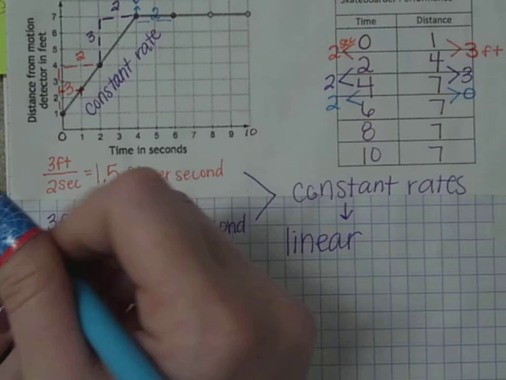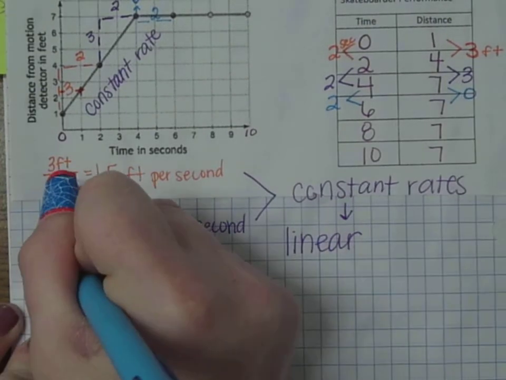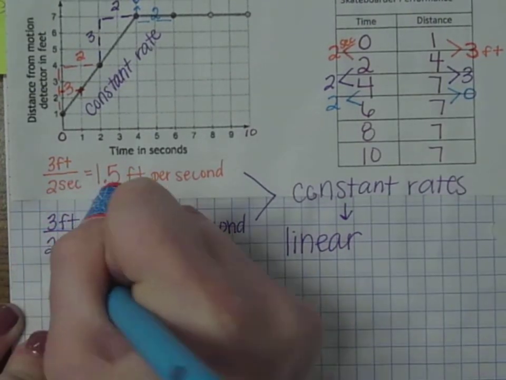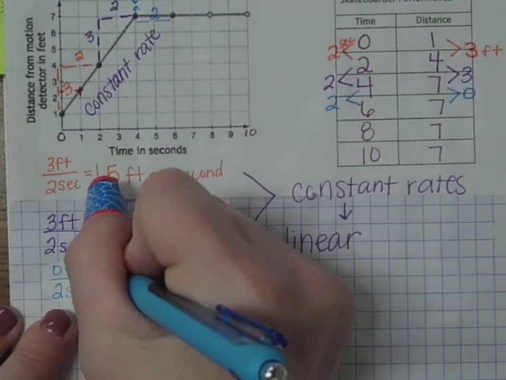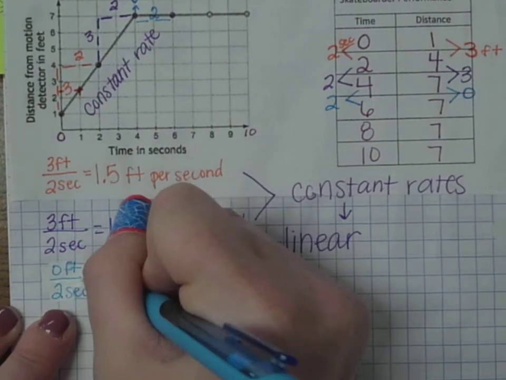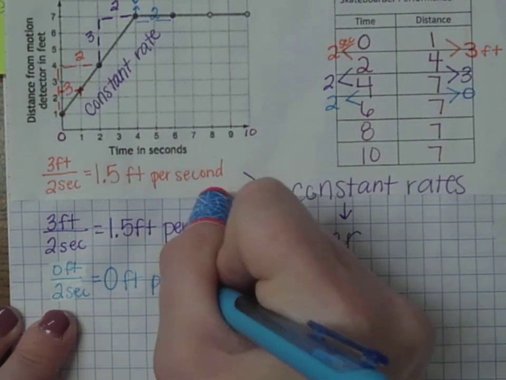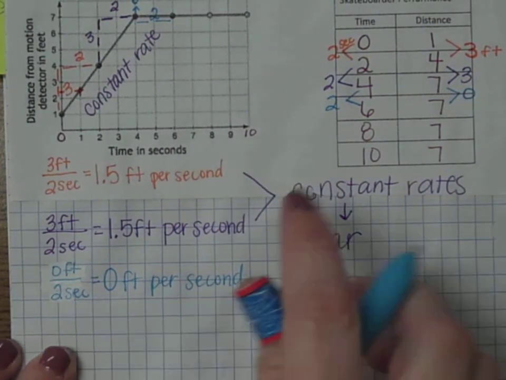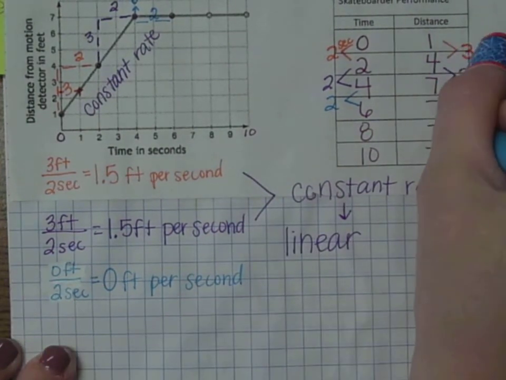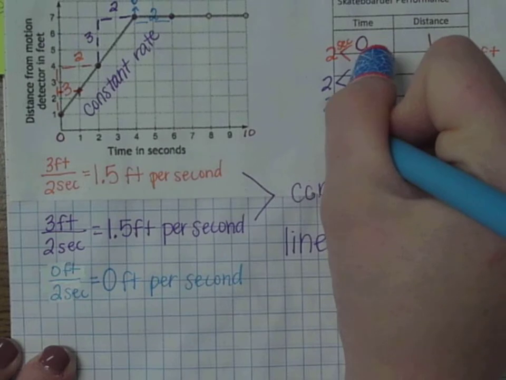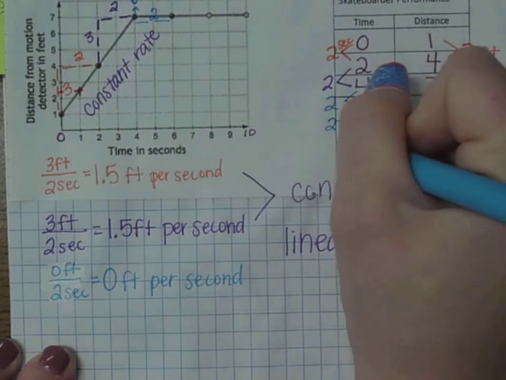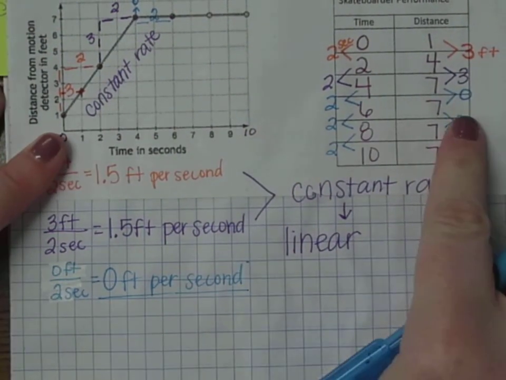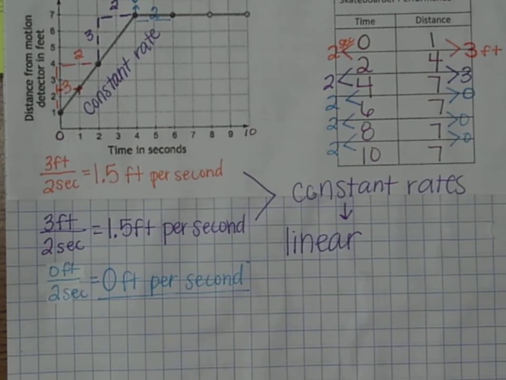So it would be 0 feet in 2 seconds. So 0 divided by 2 would be 0 feet per second. And then I'm just going to continue that. It's 0, 0, 2, and 2. So all of those are moving 0 feet per second.